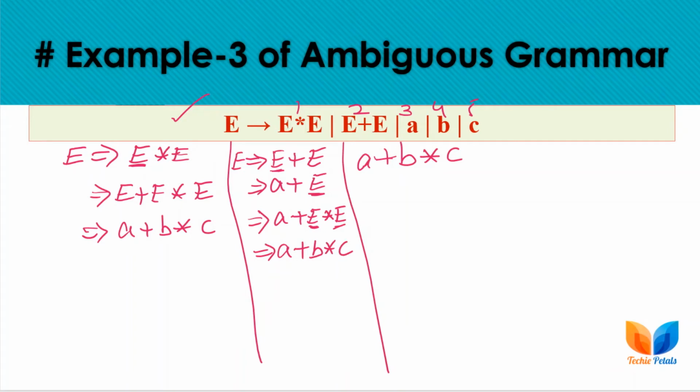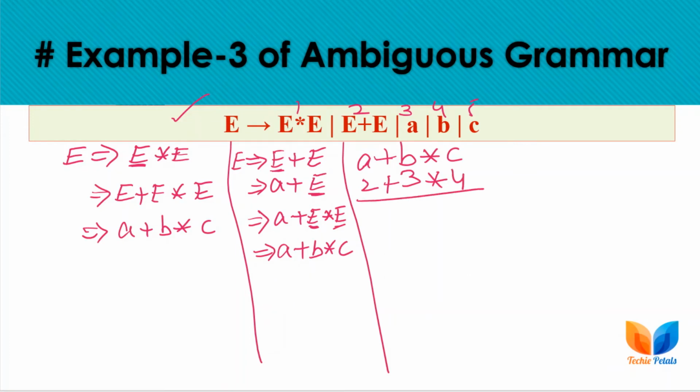Some students will think that if we can derive the same string from two derivation paths, then what is the problem? We are ultimately getting the same string. But let's try this example with fixed numbers, some constants: a as 2, b as 3 and c as 4.